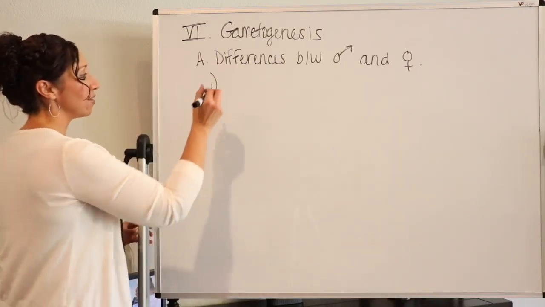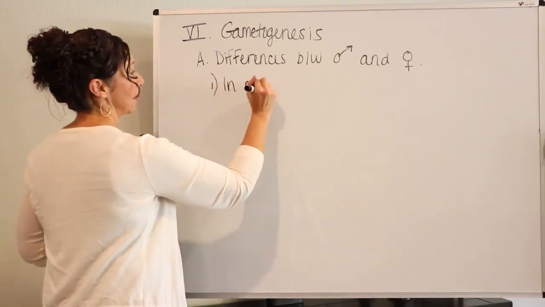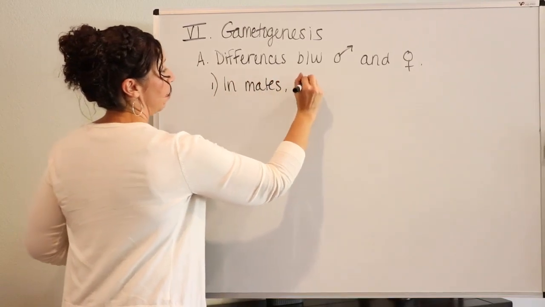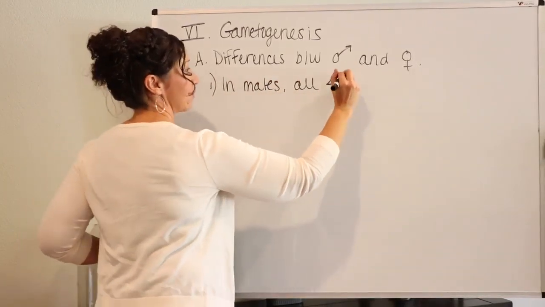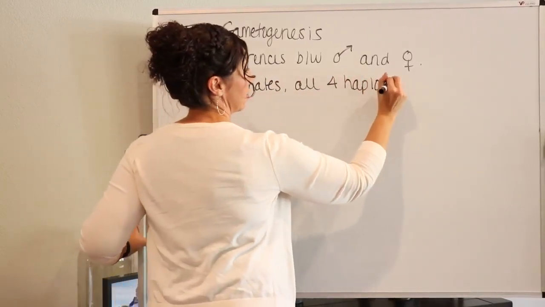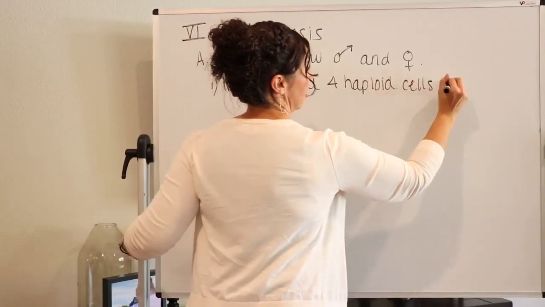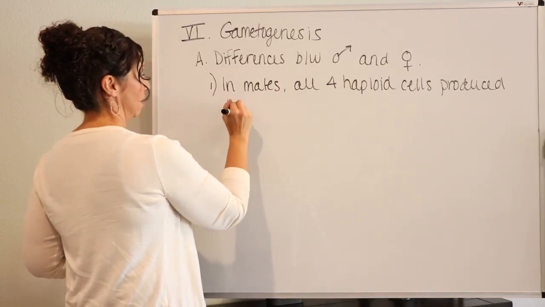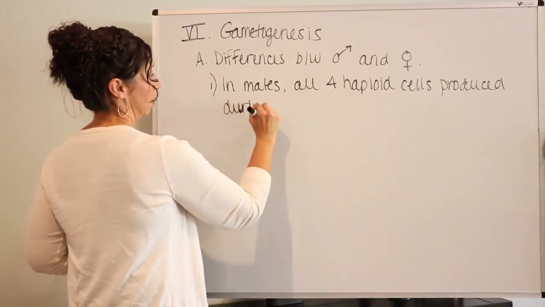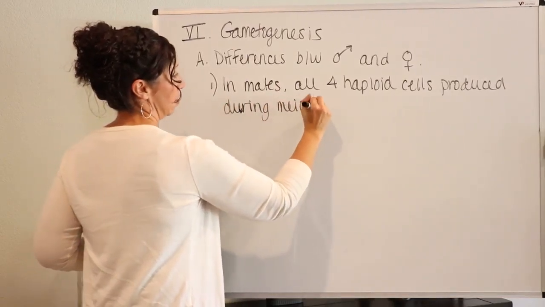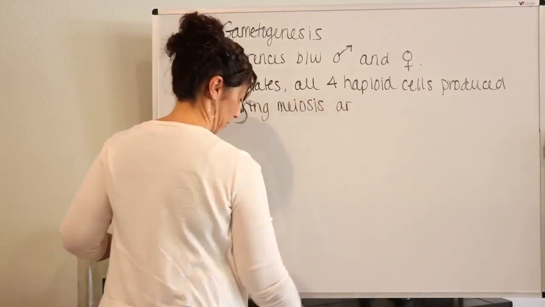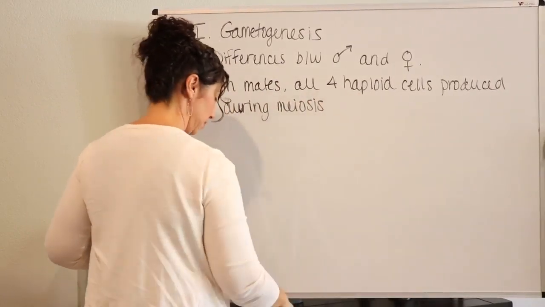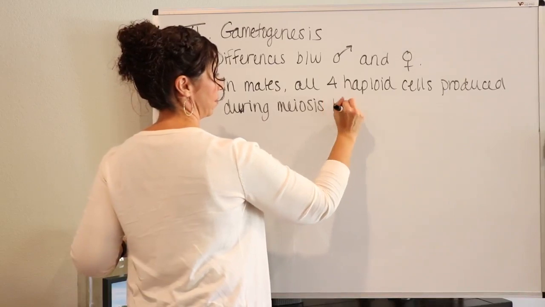Let's write this out. So in males, all 4 haploid cells produced during meiosis become functional sperm cells.